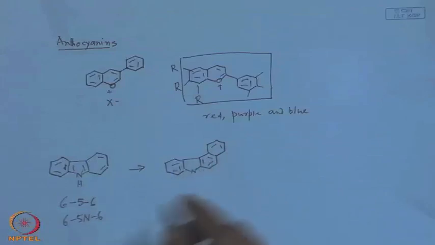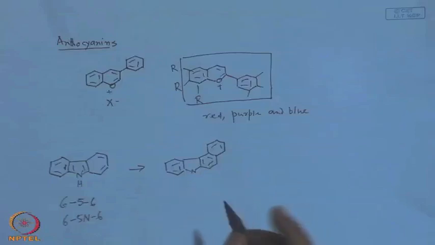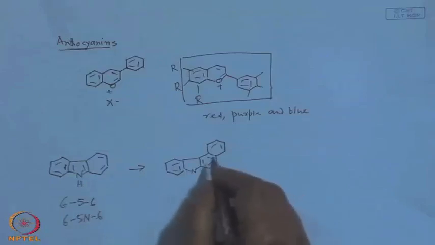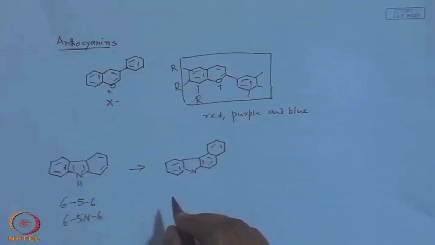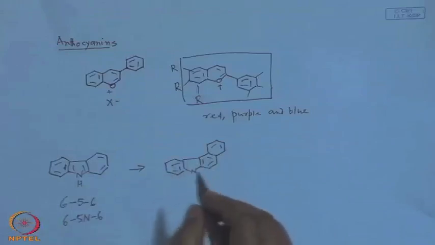We will come to this nomenclature next class, but just to see that these varieties of structures we ought to know. So, for convenience's sake we can simply say these are all called benzocarbazole, but that is not enough, though still as a common noun it is perfectly all right.